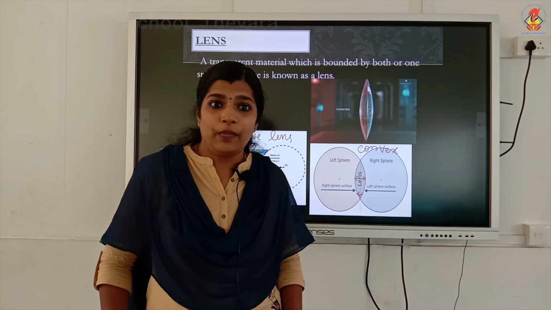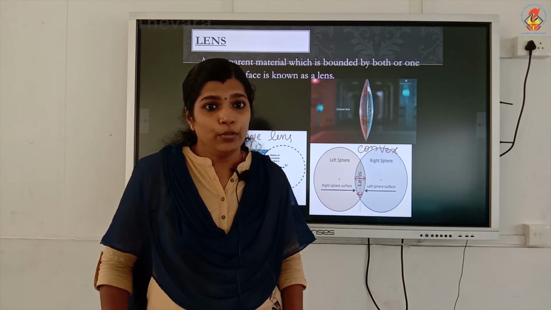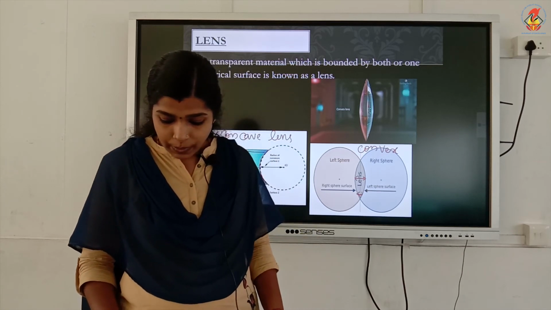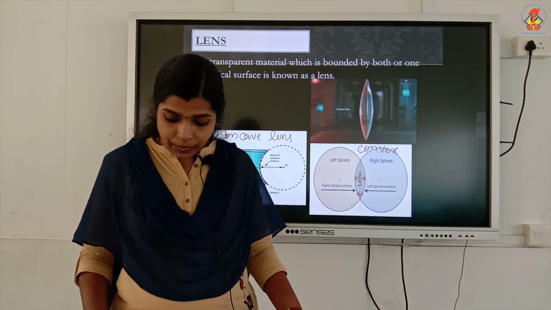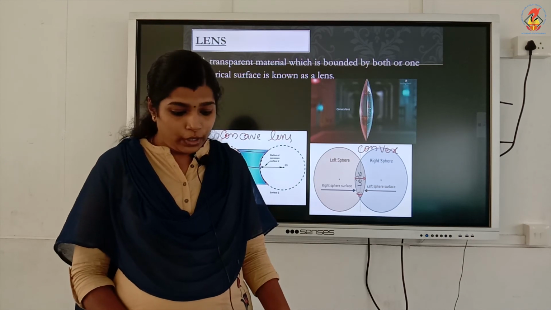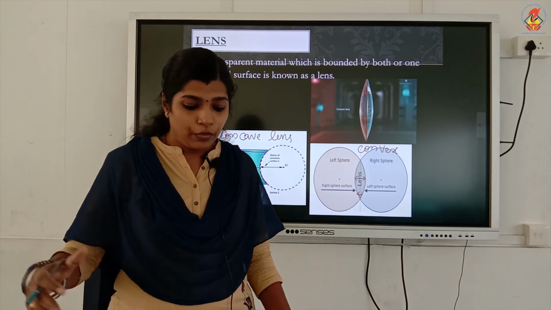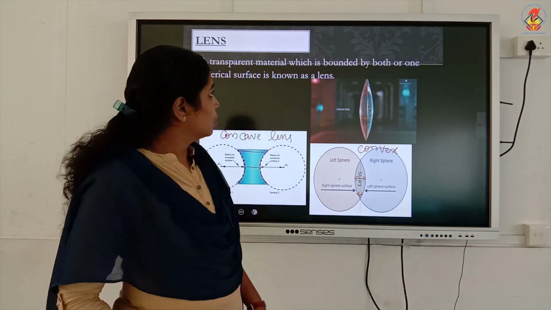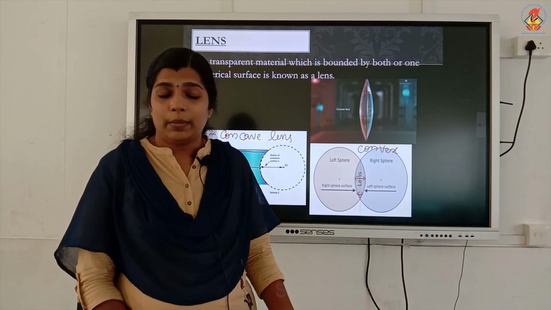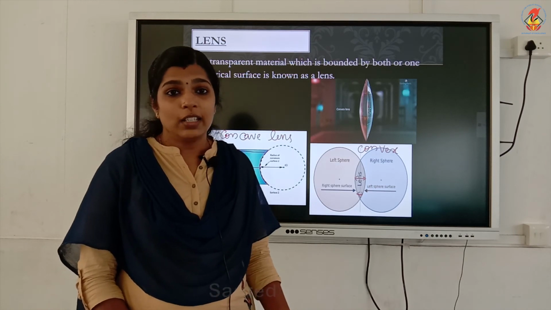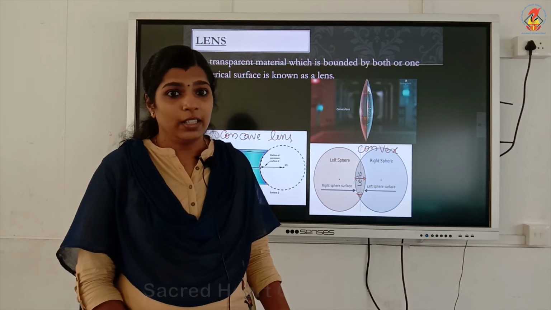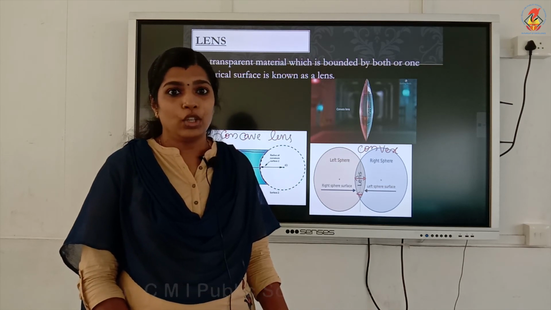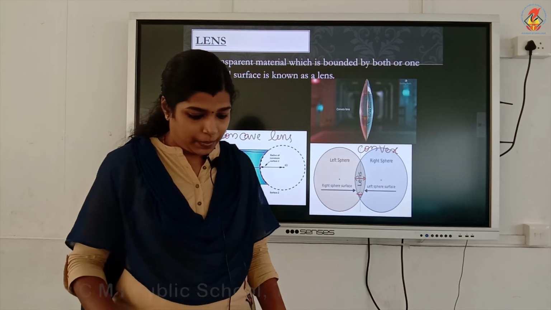If it is placed away from the lens, it produces real and inverted image. The use of concave lens is for the correction of short sight. Convex lens is used as magnifying glass, in searchlights and spotlights in theatres, in camera, in telescope and also for the correction of long sight.